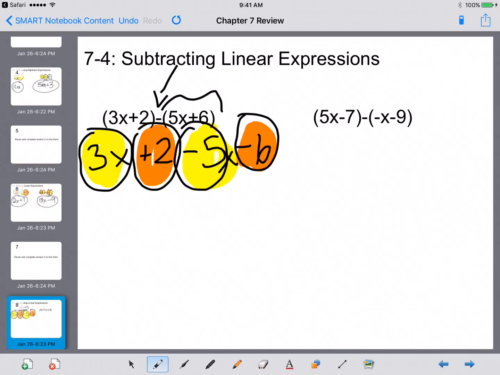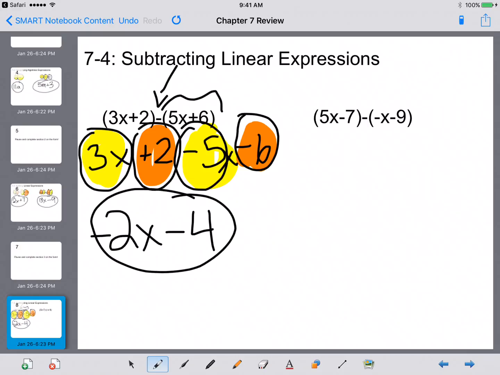So 3x plus minus 5x gets us minus 2x. Plus 2 combined with, so plus minus 6. So 2 plus negative 6 gets us negative 4. Be very careful with your positive and negative symbols.